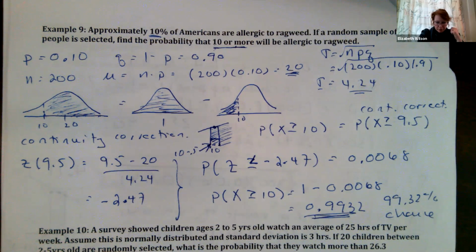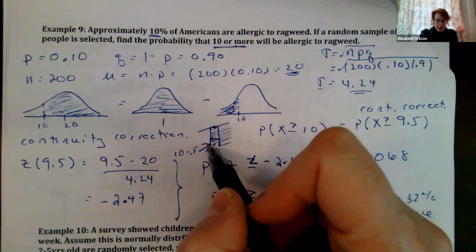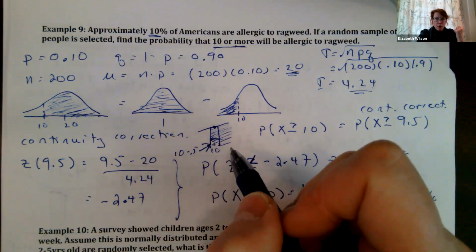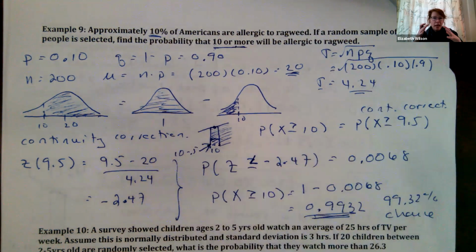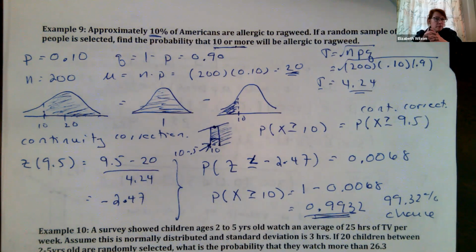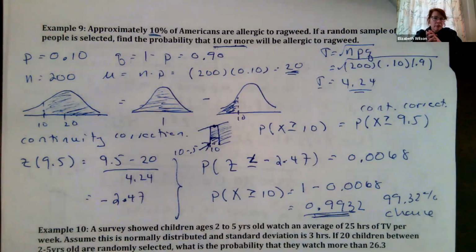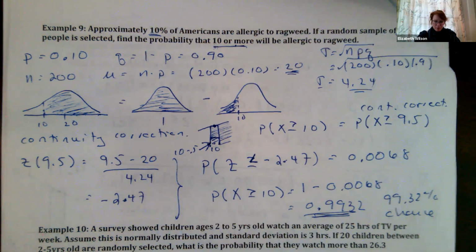If it says less than 10, or more than 10, or less than or equal to, then I would only need to do one continuity correction, because of the way the problem was defined. Does that make sense? Yes, thank you.